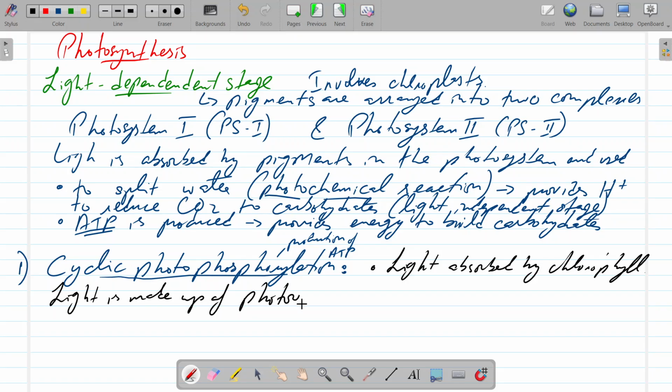Photons. And these obviously have energy. And that energy is transferred to the electrons of chlorophyll.